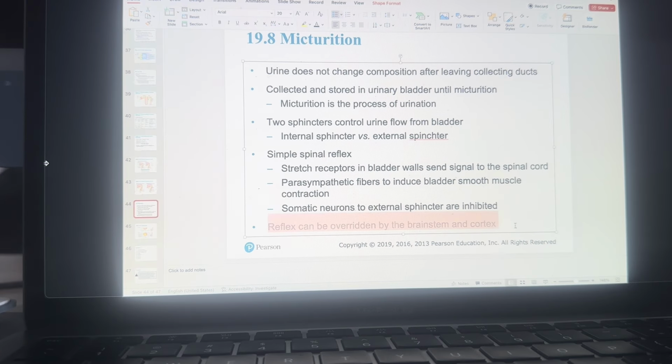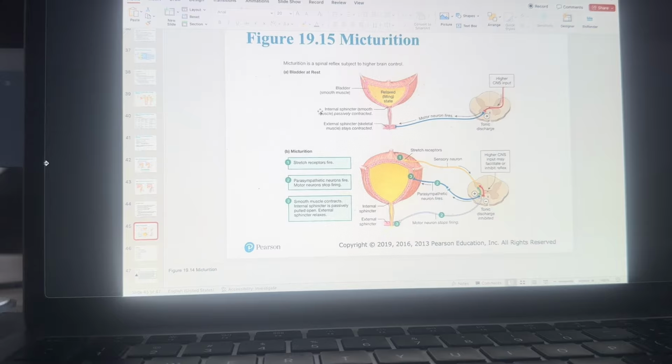But the reflexes can be overridden or taken over by your normal processing. Remember the example I said: we're not horses where we just pee everywhere. Even if you have the urge to pee, you have some control of overriding that urge to micturate and hold your urine. And that is due to the presence of both simple spinal reflexes and much more complicated reflexes under motor control, okay?